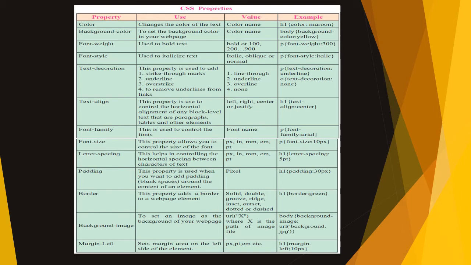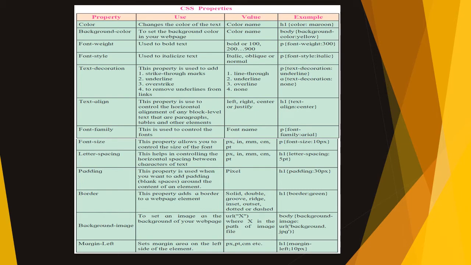Font size. We can change a font size by using pixel as well as inches, millimeter, centimeter, and point also. Next is letter spacing. Letter spacing helps to control the horizontal spacing between characters of text.